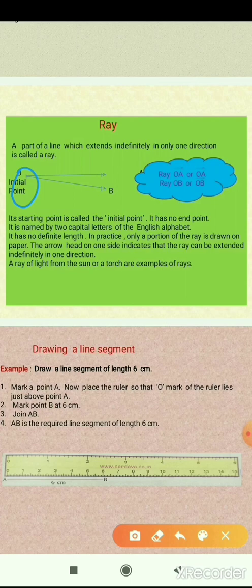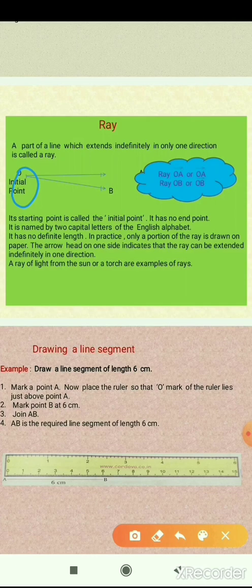The arrowhead on one side indicates that the ray can be extended indefinitely in one direction. A ray extends in only one direction because the arrowhead is on only one side. So what are the examples of a ray?